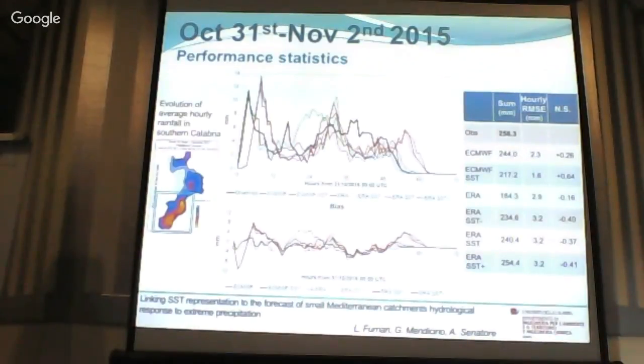These comments can be quantified with the Nash-Sutcliffe coefficient, maybe the most beloved coefficient from hydrologists. And you see that the value for ECMWF with the SST is high with respect to the other values.